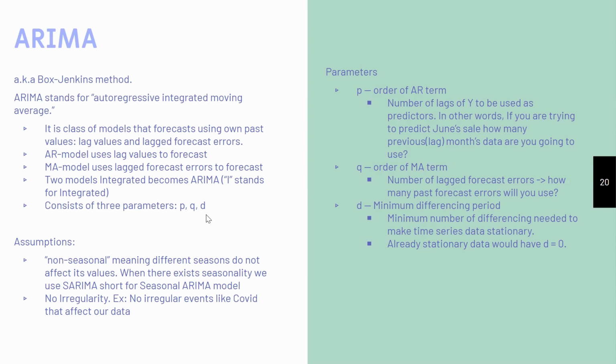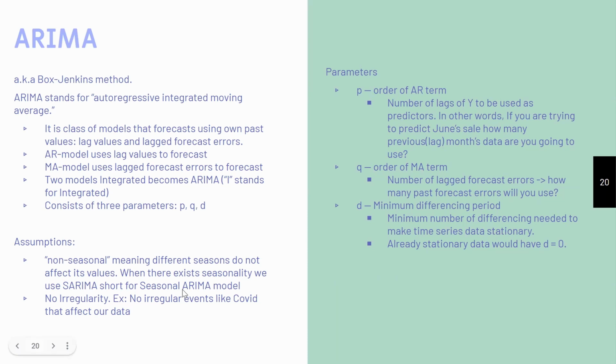three parameters. Now, the assumption for it is that it's non-seasonal, meaning that different seasons do not affect the values. However, there is a thing that exists called S-ARIMA, and as you might have guessed, S stands for seasonality. So if you do have a seasonal data set and you want to use ARIMA, just use S-ARIMA, which is the seasonal ARIMA model.